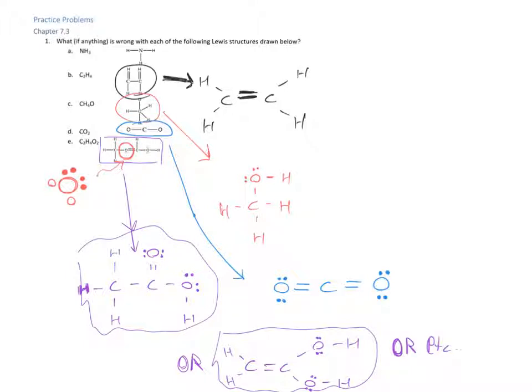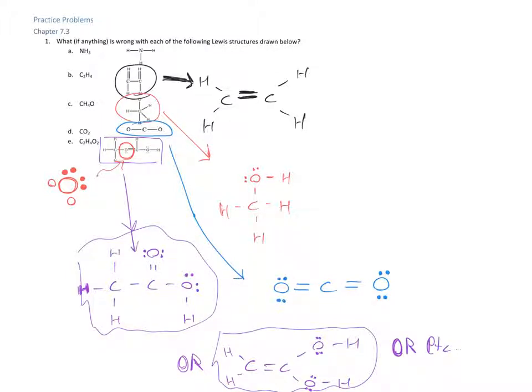We also need to make sure, whenever we draw a Lewis structure, that we have the correct number of lone pairs on each of our atoms. I've only drawn 2 possible solutions, but there are many more valid structures. The key is to make sure that, first, you have the correct number of total electrons, and then that each element has its octet, and that hydrogen is only involved in 1 single bond.